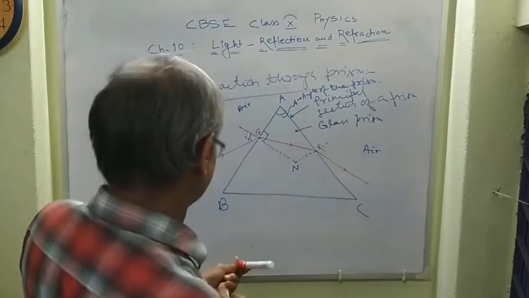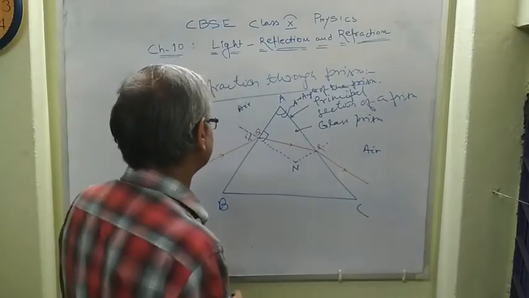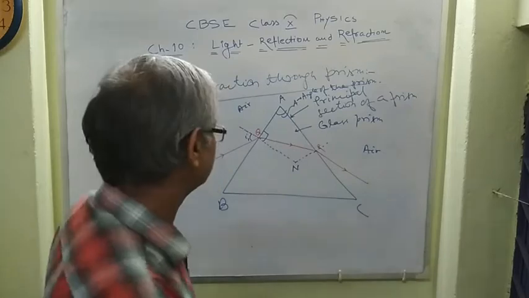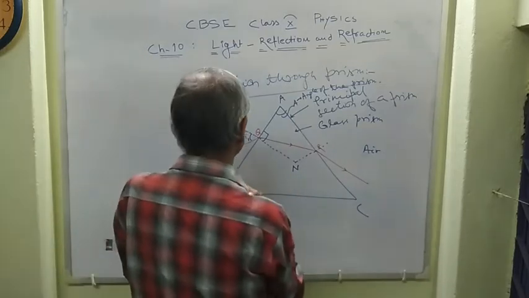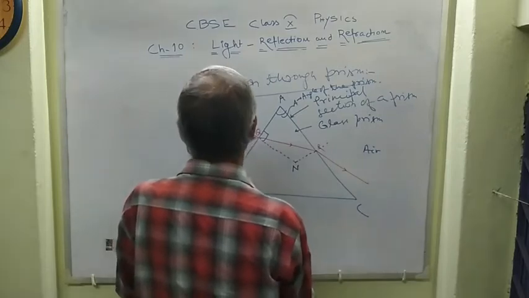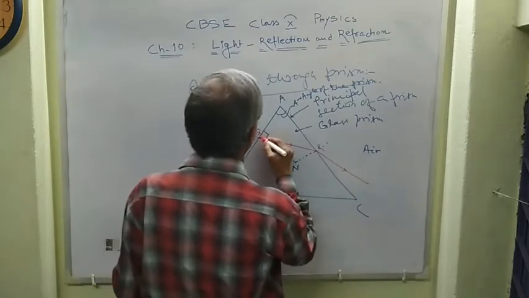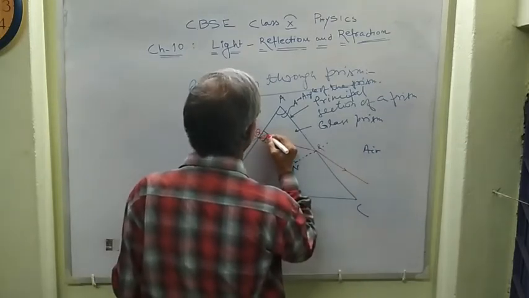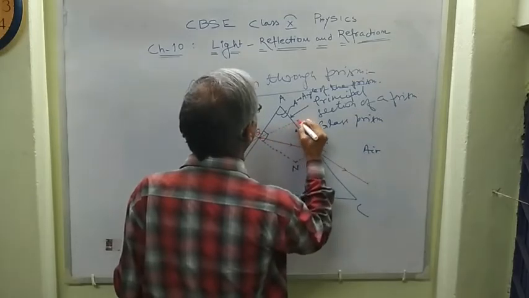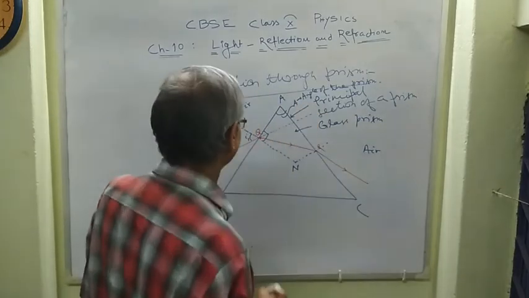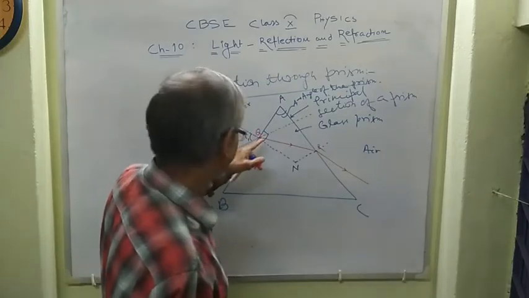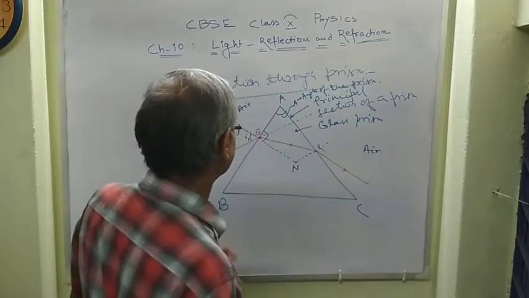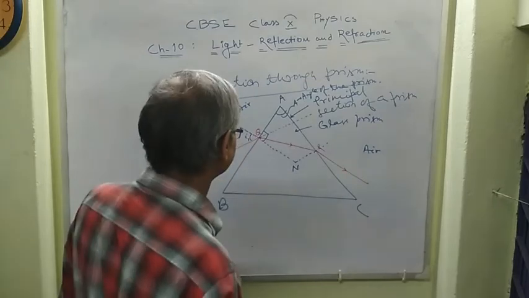Here, two deviations occur due to refraction at Q and R. If PQ, the incident ray, is extended, then PQ is the incident ray and QR is the refracted ray, right?